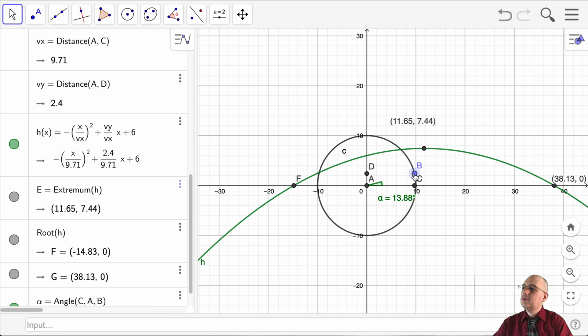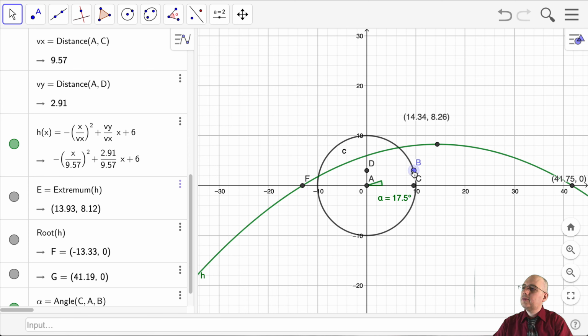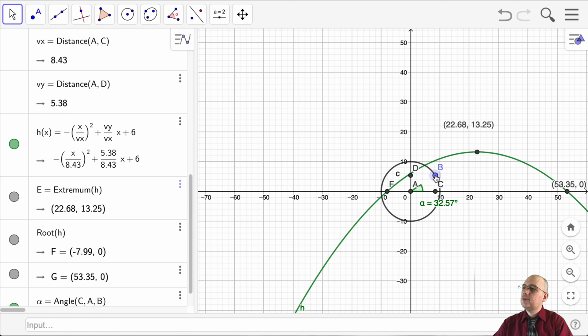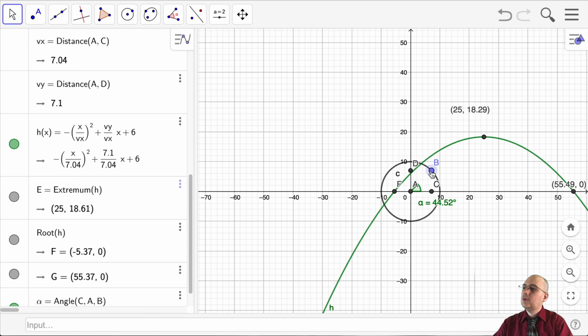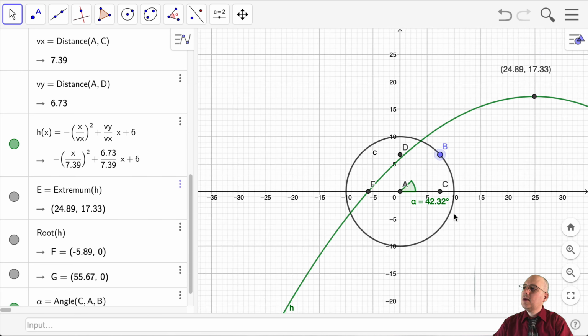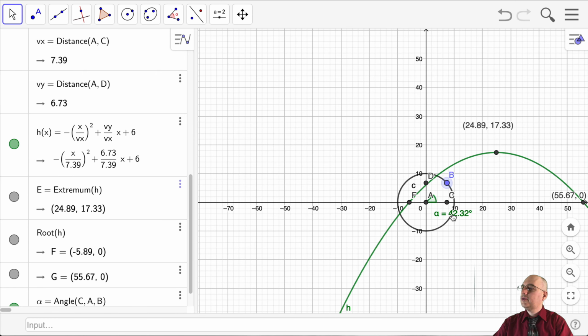You can kind of see it's going farther and farther. 36.50, there we go. Somewhere around here, 56.7, 42 degrees. So, okay, all these different parameters can lead to different effects.